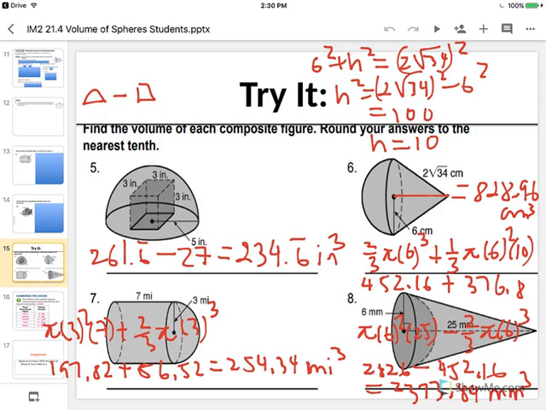And this is millimeters cubed. Okay, so please check your answers for number 5 through number 8.